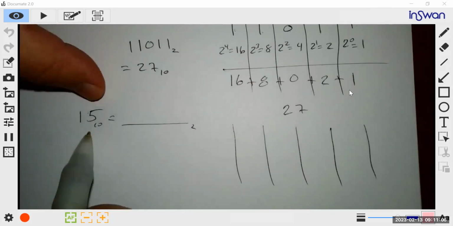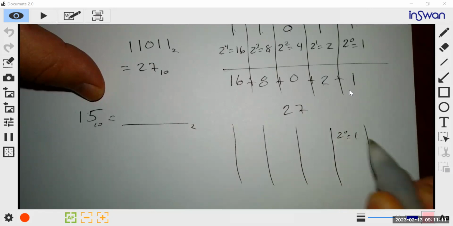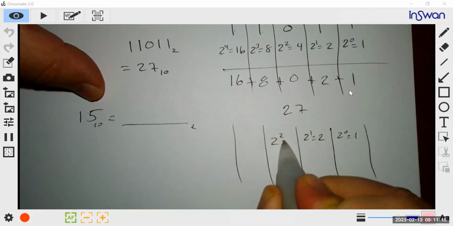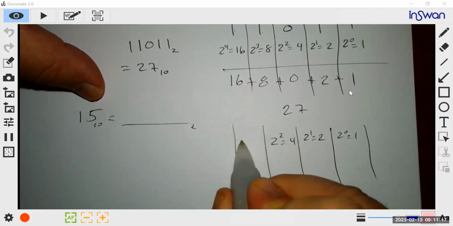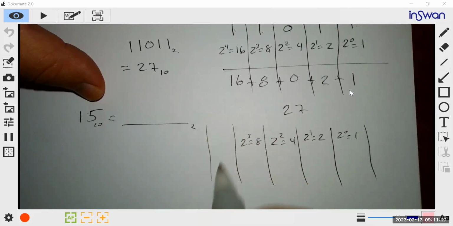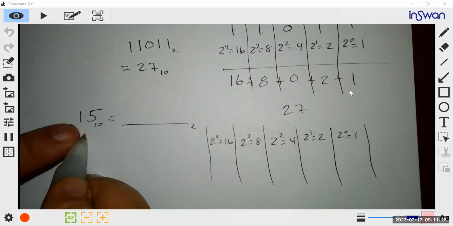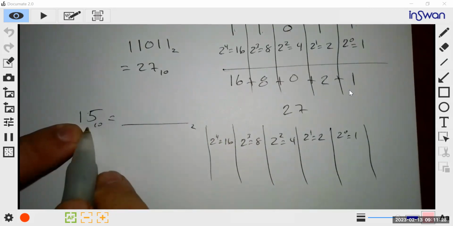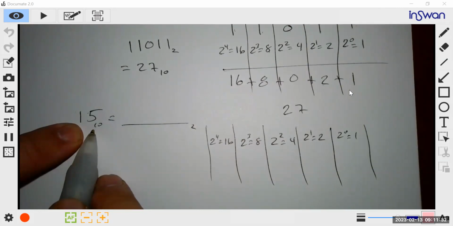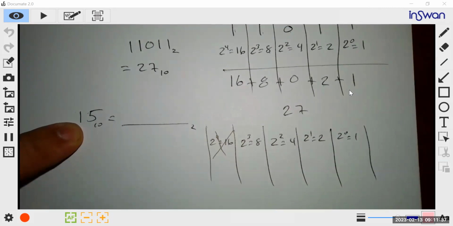The way you convert from base 10 to binary, you keep on going until the number in the column is bigger than the number you have here. Does 16 go into 15? Backwards. 15 goes into 16. So this number is too big. I don't need that column.